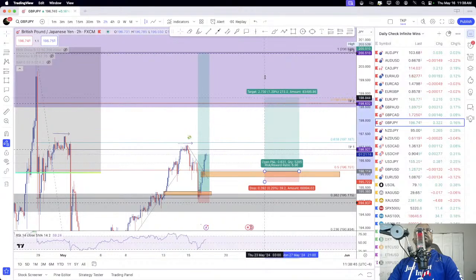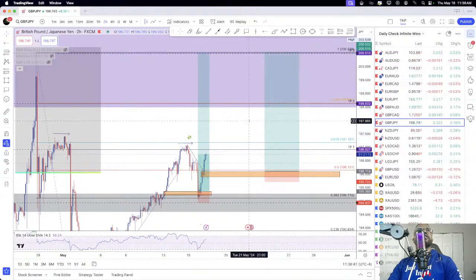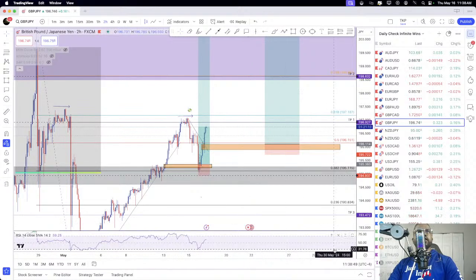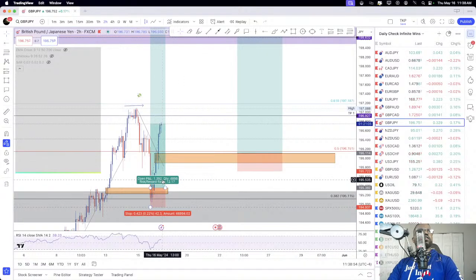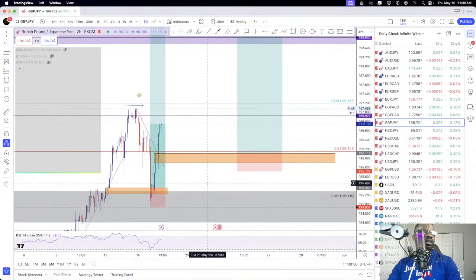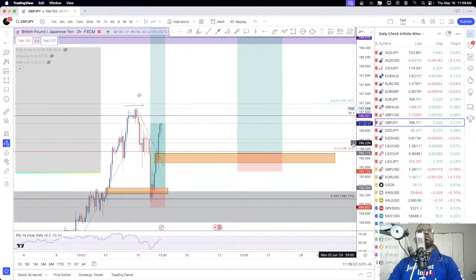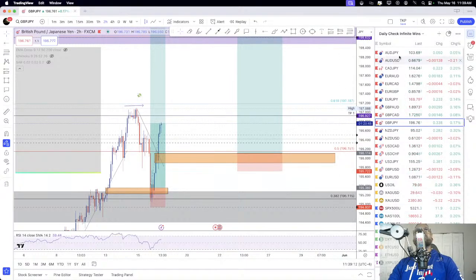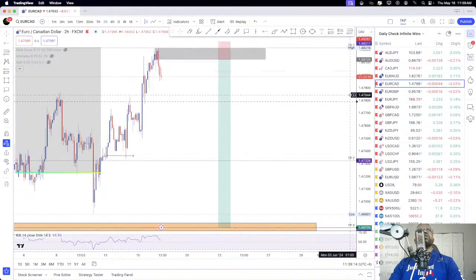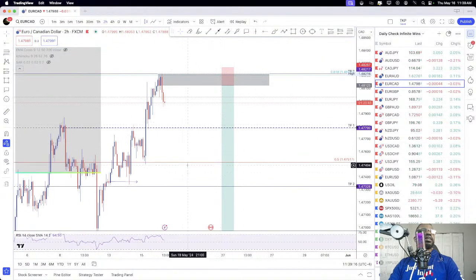Let's set an alert right here. All right, Serenity, we have to set a limit order on pound JPY after we finish this limit order on Euro CAD.